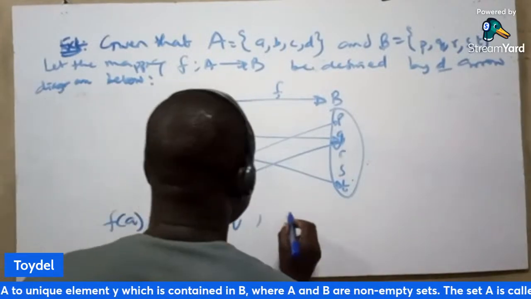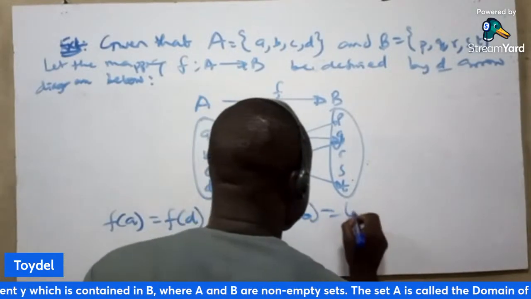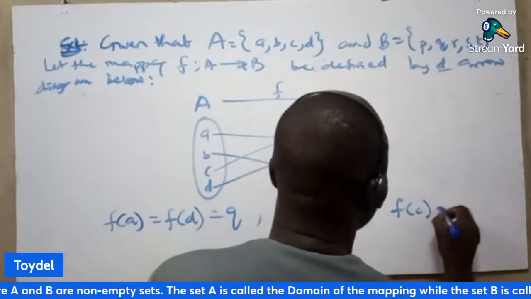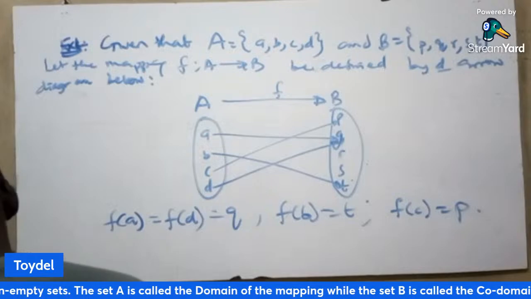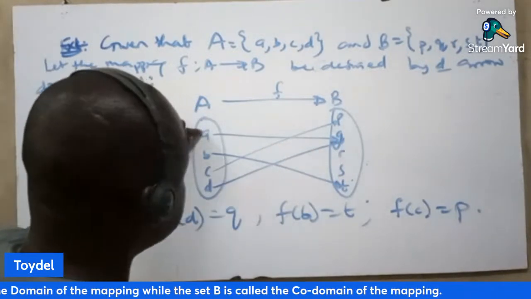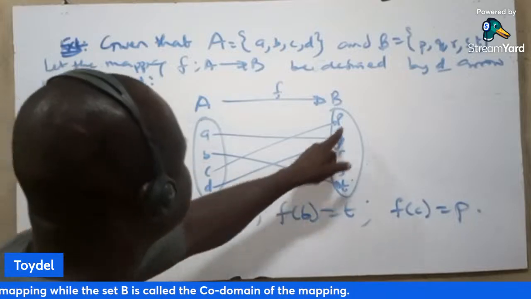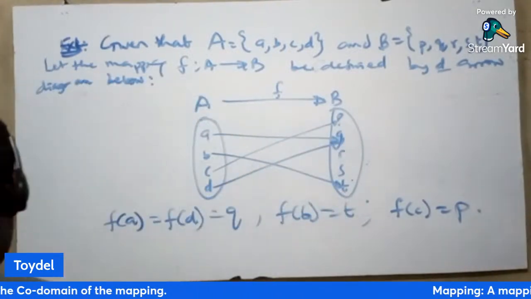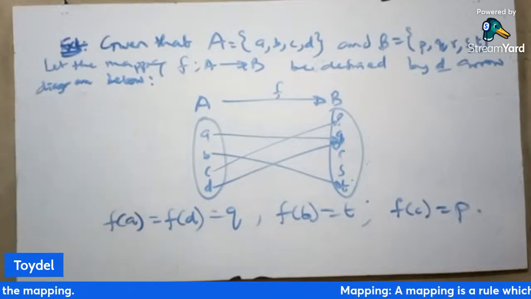So f of B is equal to T. Then we have f of C, which is equal to P. That is what we have. So Q here is the image of both A and D. P is the image of C, while T is the image of B, as we can see on the board.